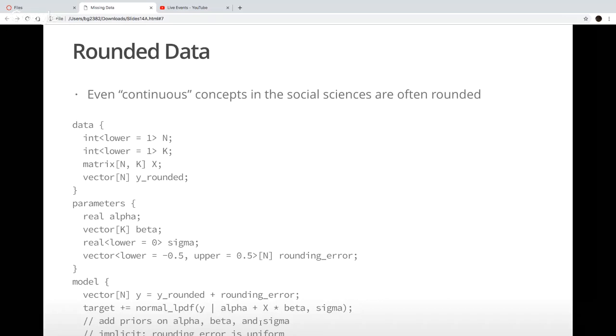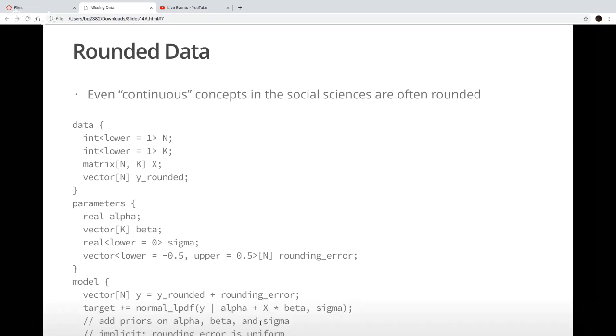And implicitly, by not putting anything about the rounding error in our model block, that's equivalent to not including a term about the rounding error in the numerator of Bayes' rule. So that is equivalent to saying there's a constant probability a priori for each value of the rounding error between negative 0.5 and 0.5. And the logarithm of a constant is a constant, and Stan doesn't care about constants anyway.